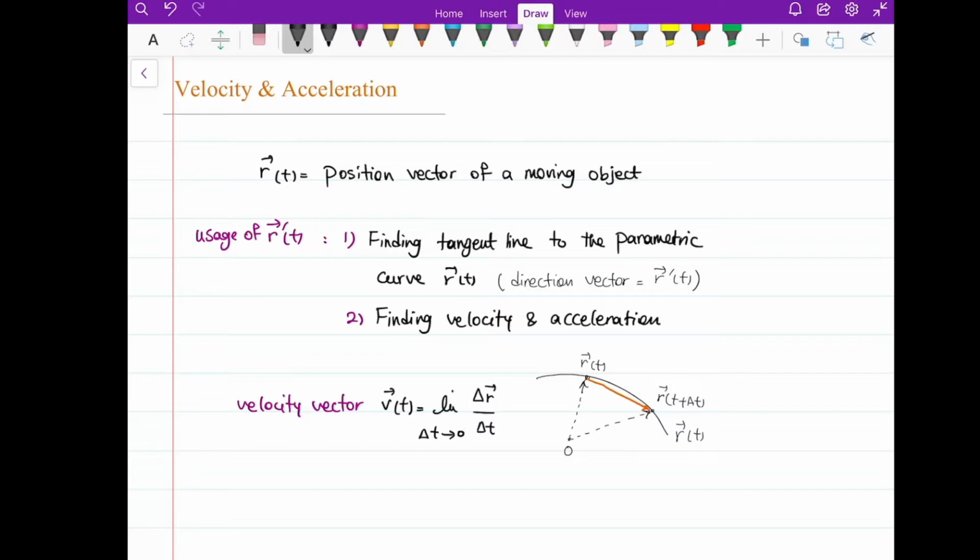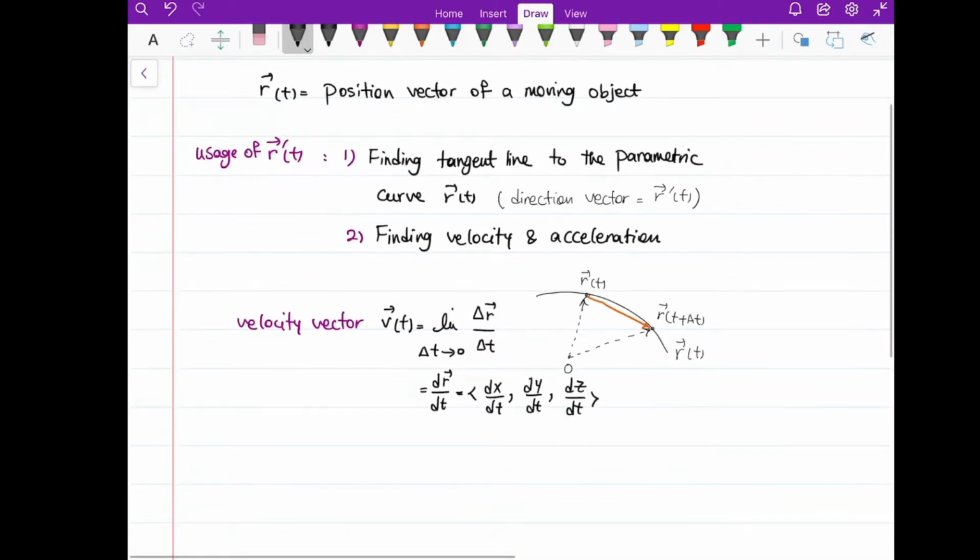We show it by dr over dt, which is basically, if you have the components of r, we take the derivative of each component with respect to t: dx dt, dy dt, and dz dt. That's the velocity vector.